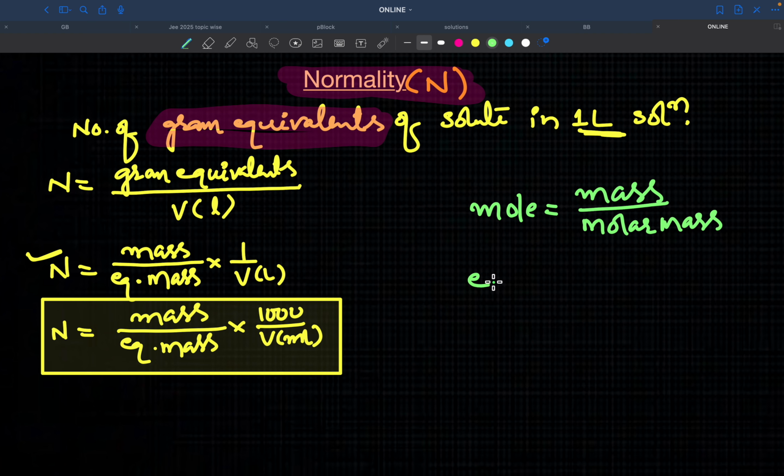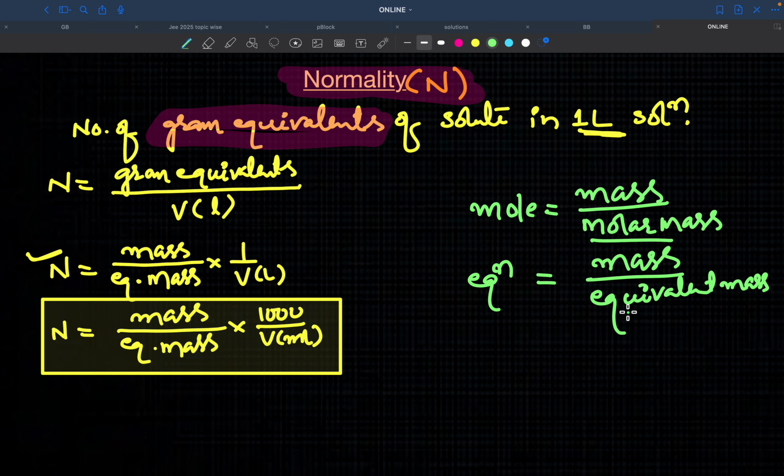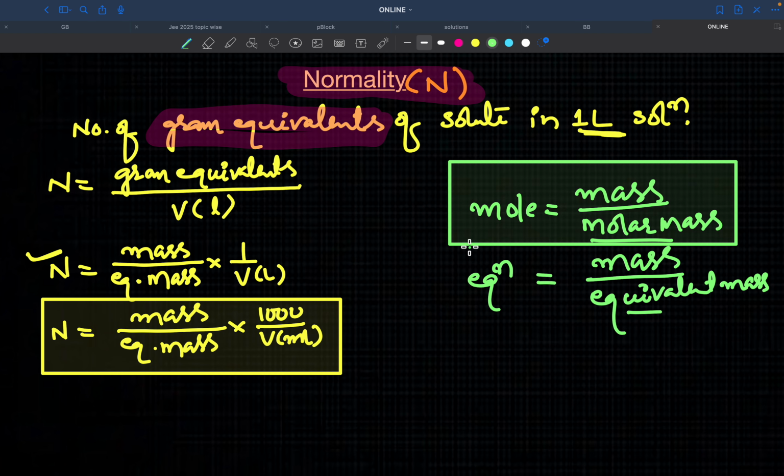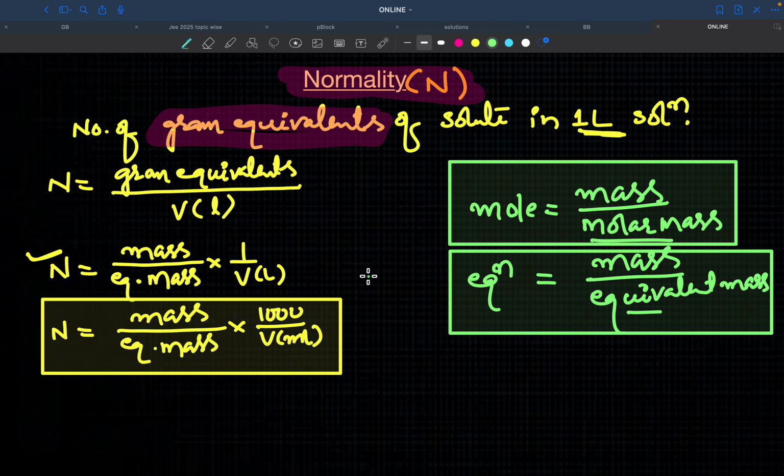But when you need equivalents, mass has to be divided by equivalent mass. That is the only difference. We will see what equivalent mass is. Moles are calculated using molar mass, and equivalents are calculated using equivalent mass.